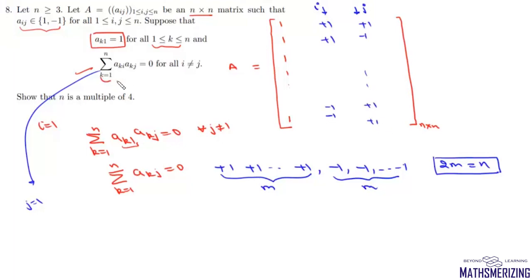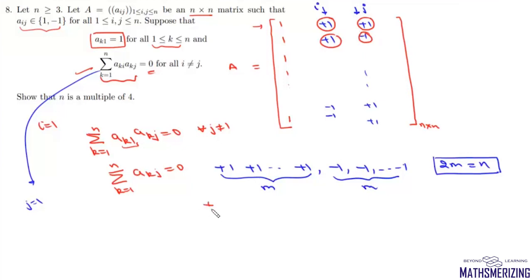Now, if we look at this aki into akj, it simply means for any given row, we are multiplying the element in the ith column with the element in the jth column, and then we keep doing this for every row, and we add all such multiplied terms, then the sum will be 0. Now, when we multiply these two expressions in any given row, then we'll have four kinds of products.